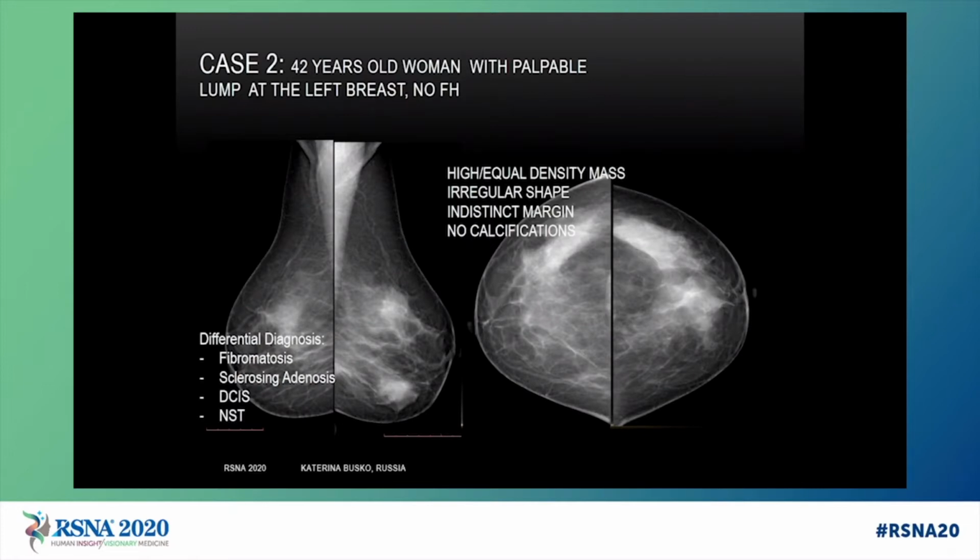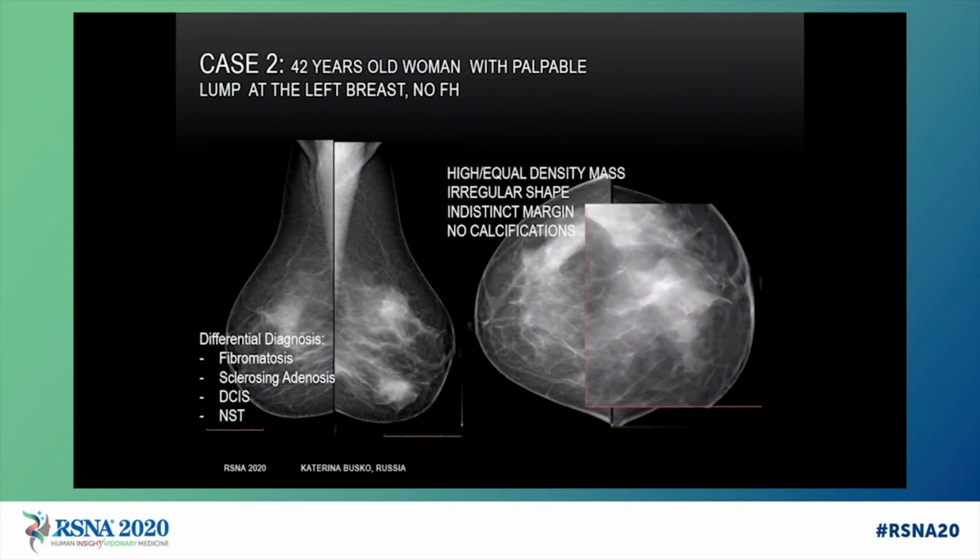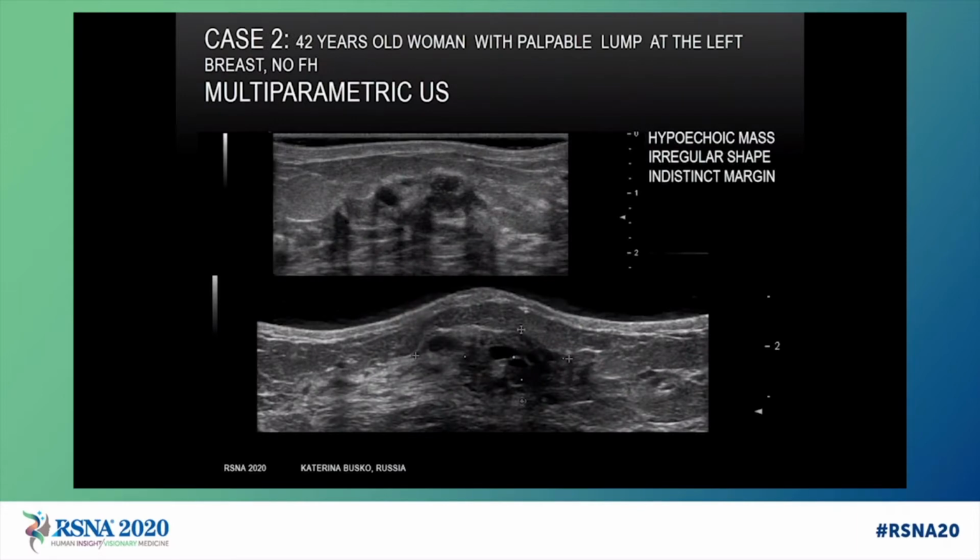On mammogram, equal density mass, irregular shape, indistinct margin, no calcification, BI-RADS 3 category. Differential diagnosis between fibromatosis, sclerosing adenosis, DCIS, and ST carcinoma, and the next step is multiparametric ultrasound.